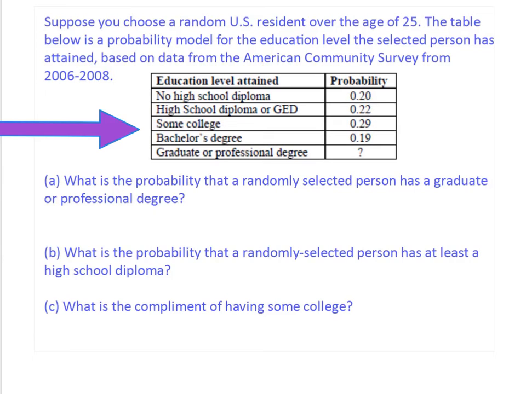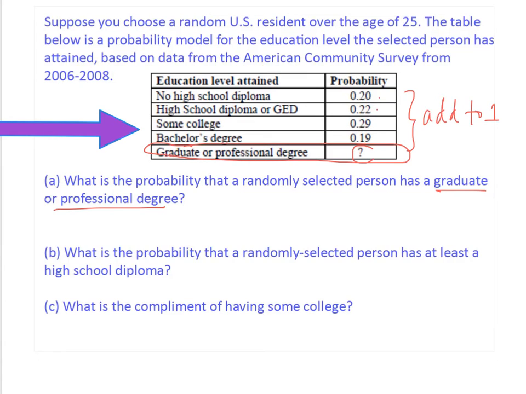So part A says, what is the probability that a randomly selected person has a graduate or professional degree? Well, if I look, that's the bottom row of my table, and the probability is blank. It's not there. Well, if we think about our probability rules, there's one rule that can help us find that answer. If we think back, all of the probabilities have to add to 1.